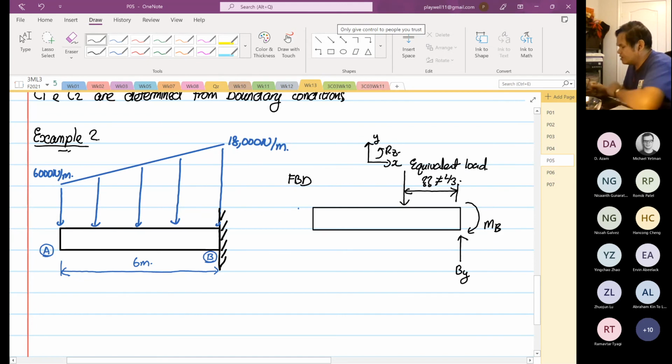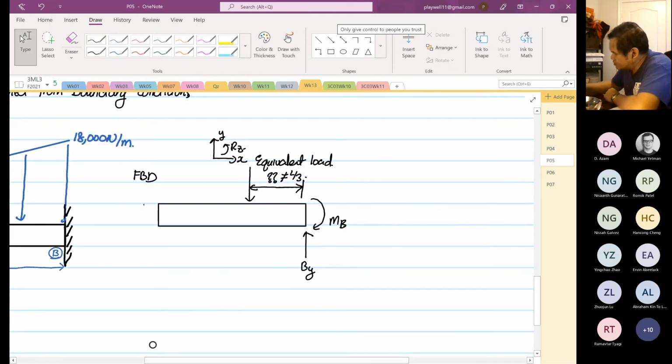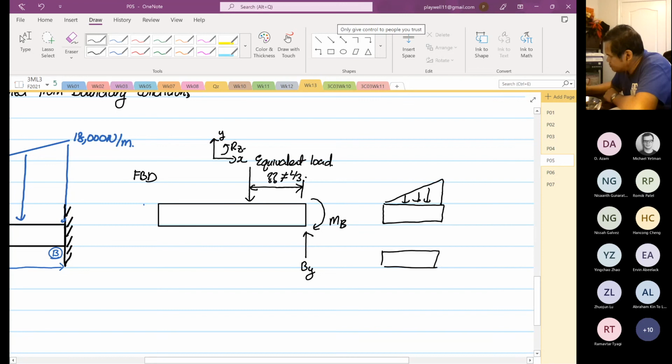Okay? Why is it not L over 3? Because only if it's a triangular load, right? Then it is L over 3.